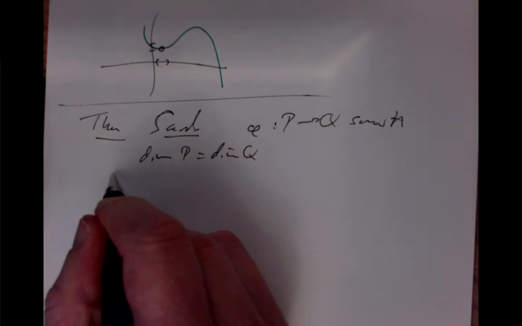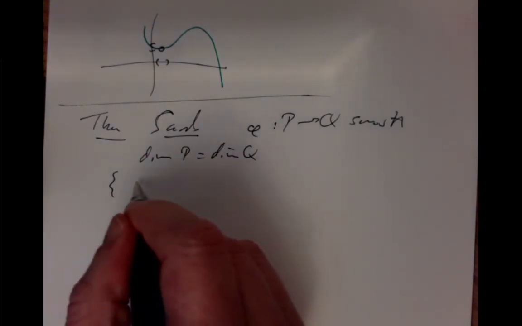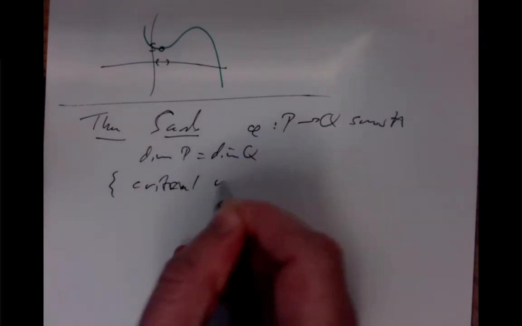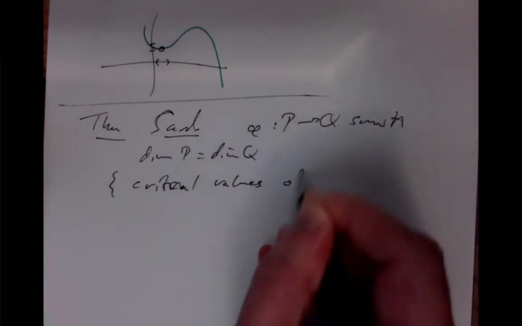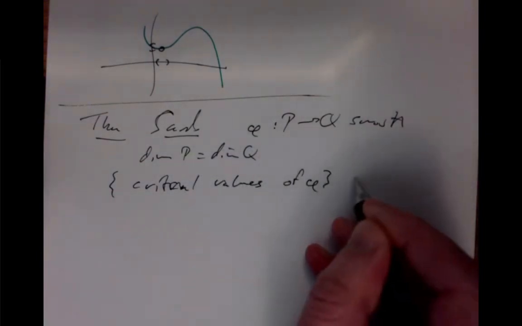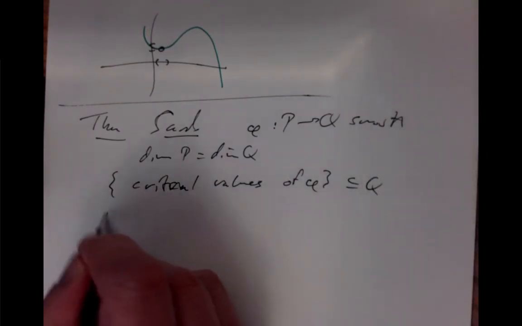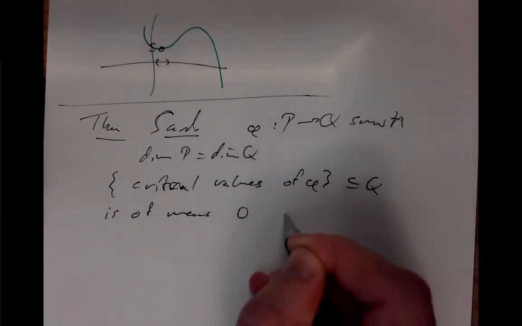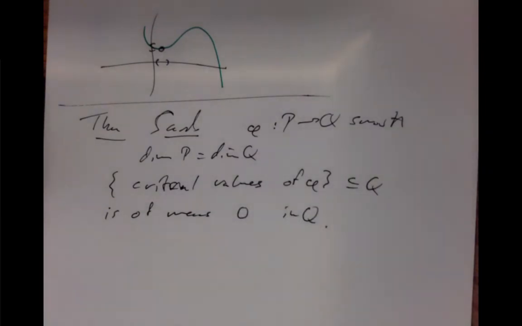Then the set of critical values of phi, which is not contained in P, it's contained in Q, is of measure 0 in Q.